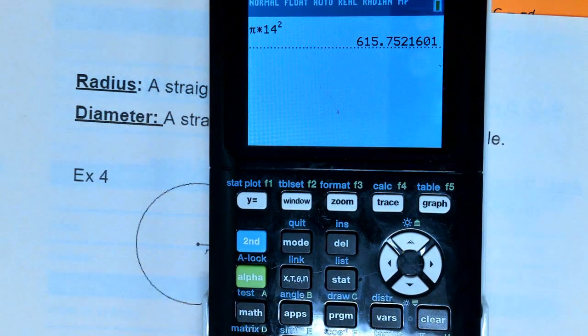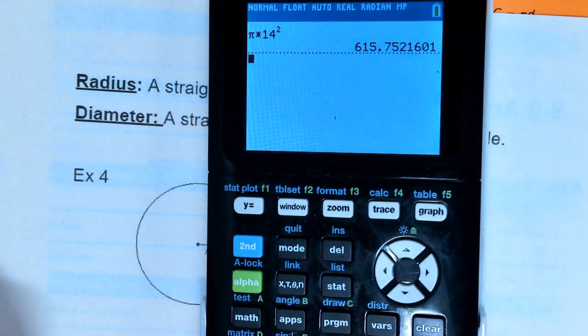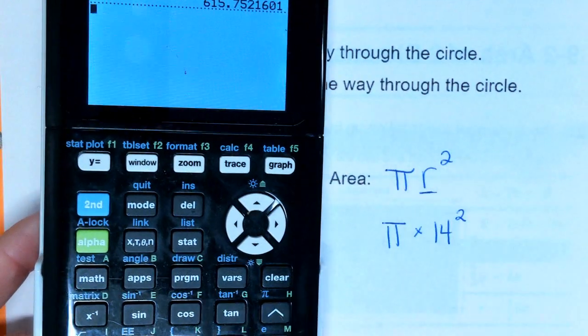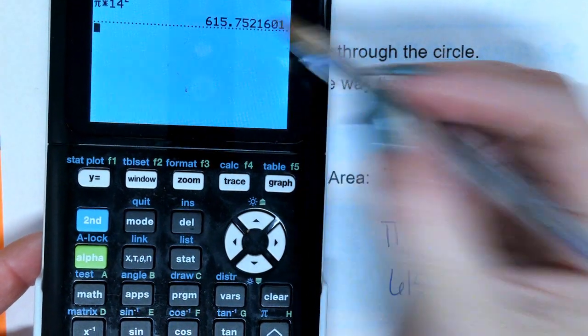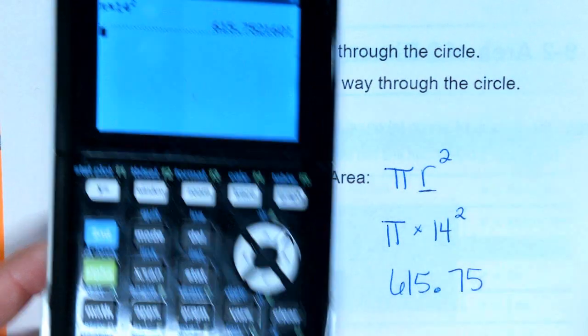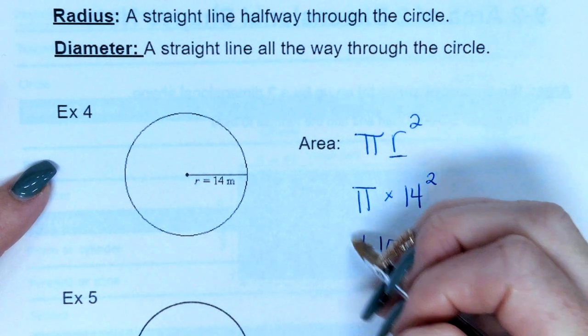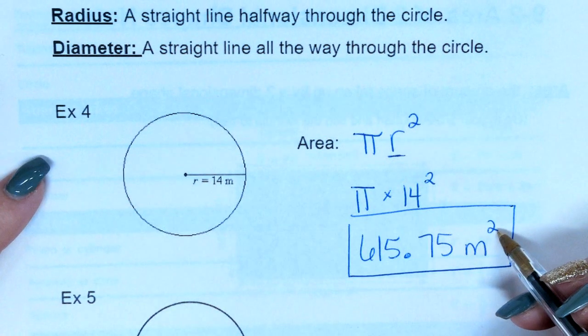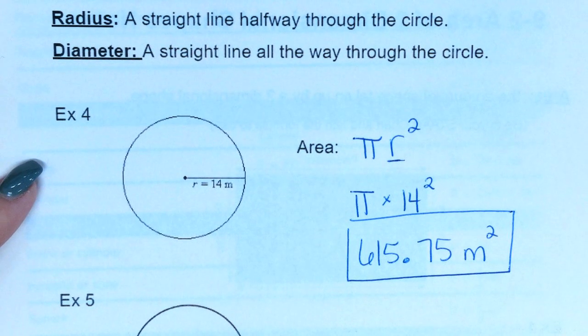You don't have to write the whole thing. You can round to the hundredths place or whatever it tells you. So my answer is 615.75. And that's it. Meters squared. Does that mean I'm changing my answer when I write that? No, that's just the proper way to write area.